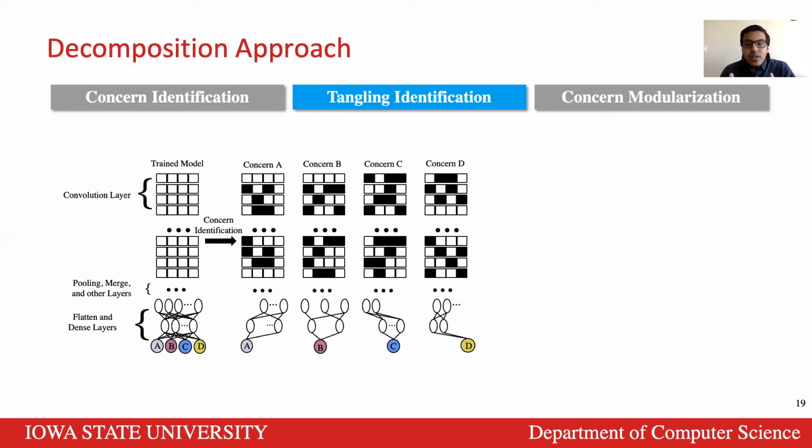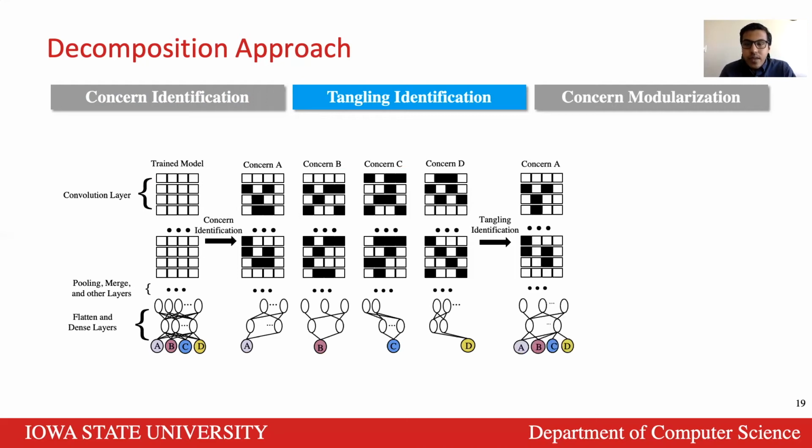To add the notion of the unconcerned output classes and be able to distinguish between the concerned and unconcerned output classes, we bring back some of the nodes and edges to the module. In tangling identification, a limited set of inputs belonging to the unconcerned output classes is added, and corresponding nodes and edges are also added.